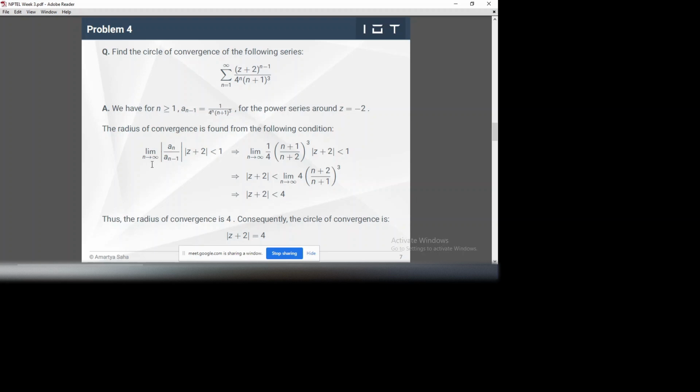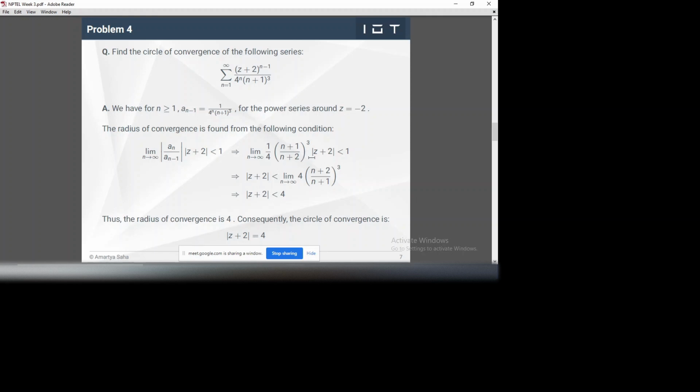So this leads us to this condition, which implies that, now I will directly substitute these coefficients. For n-1 it is this, and similarly we can easily find the coefficient for a_n, and if you take that ratio you will get a_n by a_{n-1}.